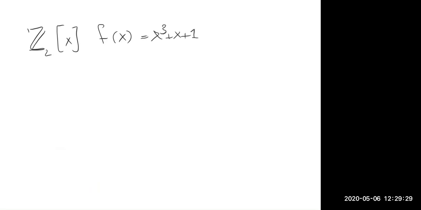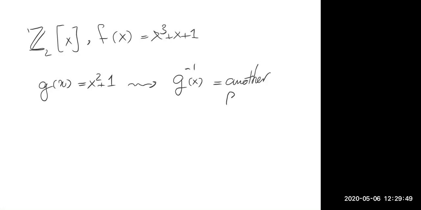So I want to compute the inverse of a polynomial mod f of x. So consider g of x equal x squared plus 1. I'm looking for the inverse of g. By inverse of g, I mean another polynomial such that if you multiply, well, earlier I said over R[x], or sorry, Zn[x], it only makes sense over Zn[x].